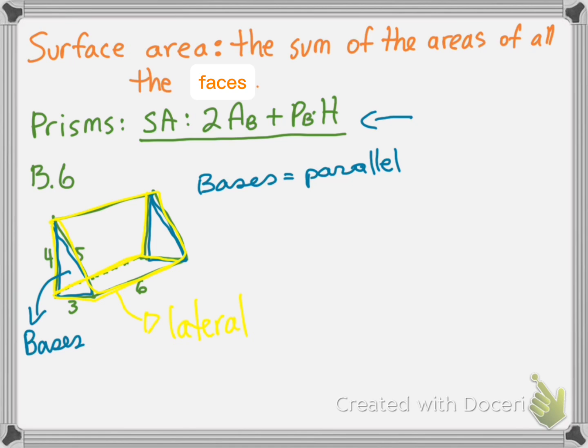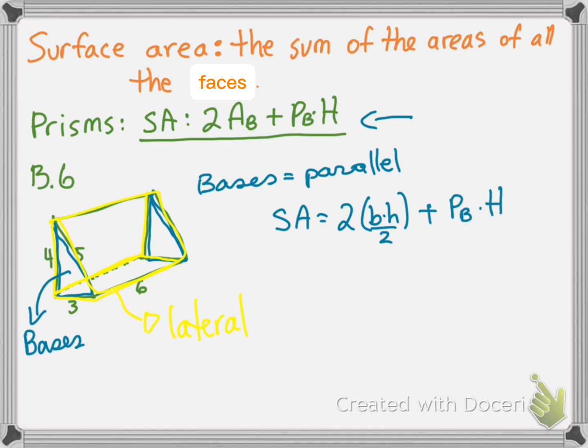Okay, so let's use the formula with the information given. So first we have to find 2 times the area of the base. Now as we said, the bases are triangles, so the formula is B times height divided by 2. Remember, lowercase. Plus the perimeter of the base, which is just going to be adding, let me put here, perimeter of the base times height.